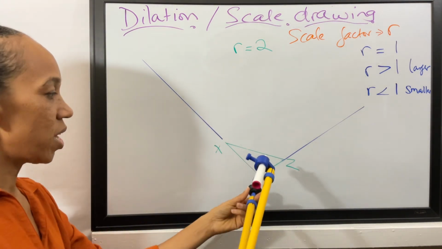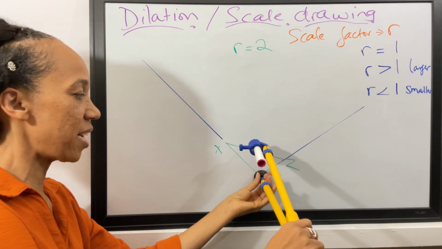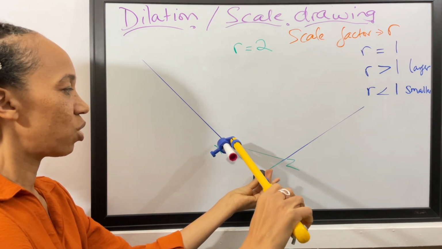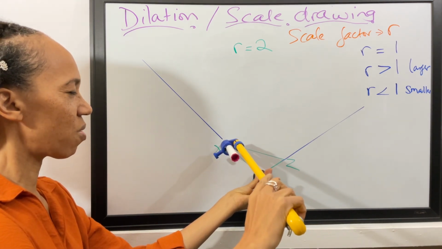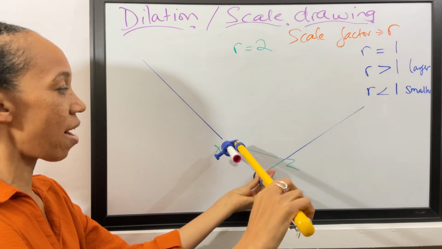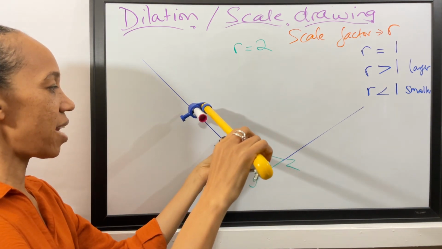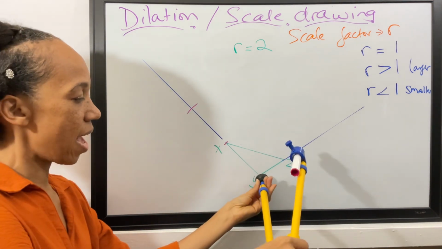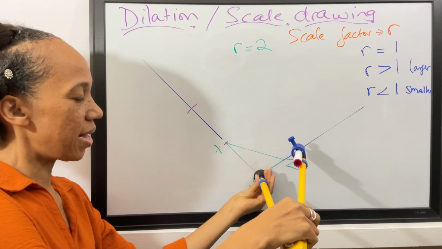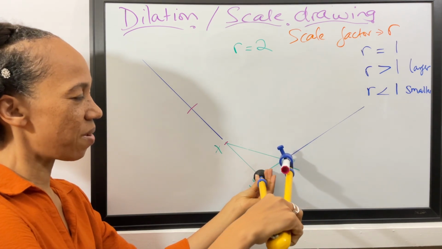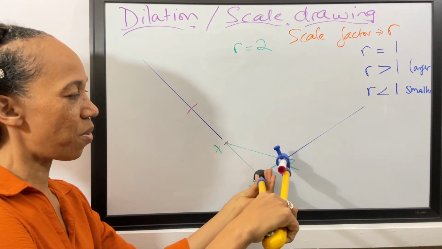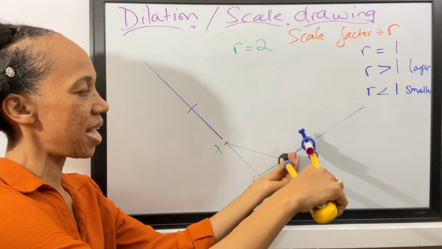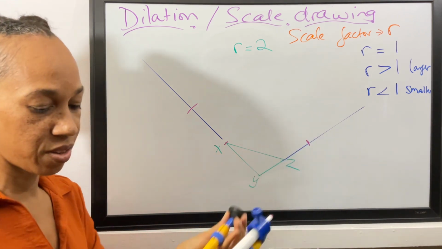R equals 2. So because r equals 2, I'm going to place my pointer at Y. I'm going to extend my pencil to X right about here. You can draw an arc if you want. Slide the pointer up to there, and swing another arc. I am going to measure YZ. I have my point here. Going to slide up to Z, and I'm going to place an arc there.